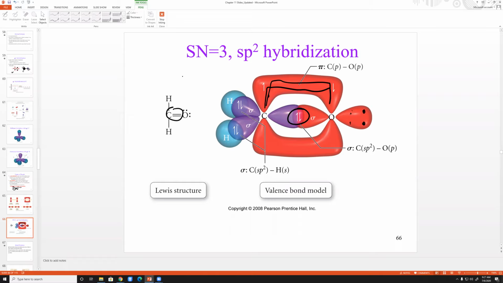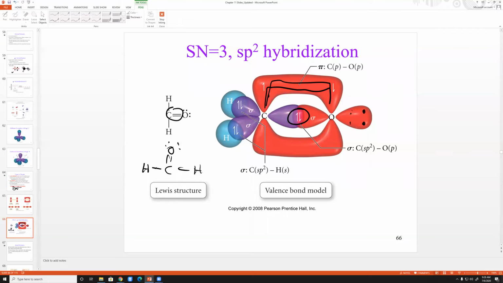So from this molecule, let's do the hybridization. So hybridization of carbon. Anybody want to tell me what it is? Well, there's 3 electron groups. Remember that an electron group could either be free valence electron pairs, a single bond, or any other bond.